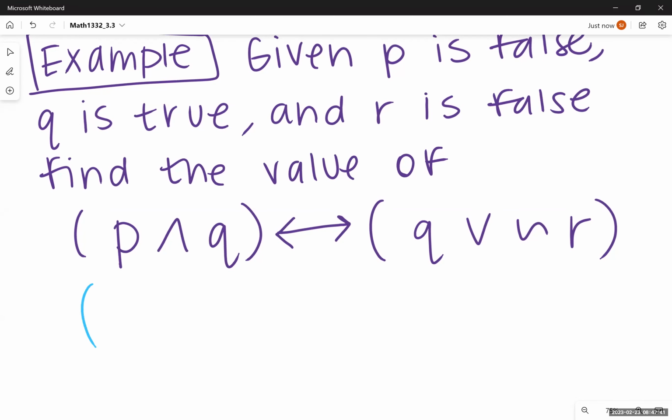I'm going to replace. What is P? P is what? False. And what did this give us? Q is what? True. Close. My biconditional symbol. Open. What is Q?